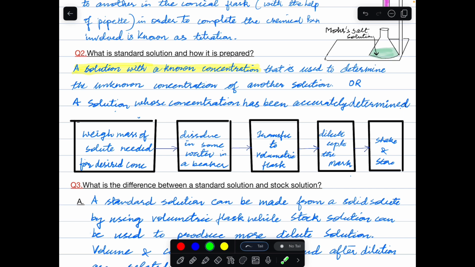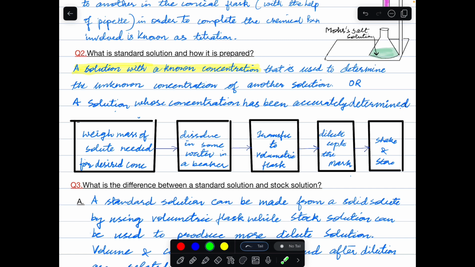Sometimes solubility is increased by adding a dilute acid. Sometimes we have to keep a substance in a specific form, therefore we add an acid. So in particular cases we make slight changes, but these are the main common steps to prepare any standard solution.